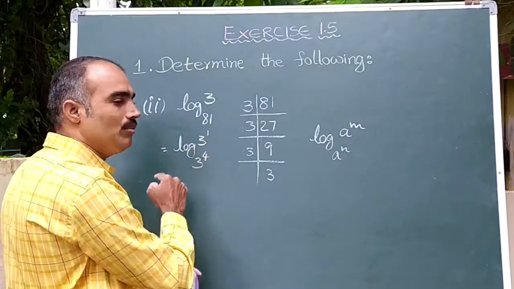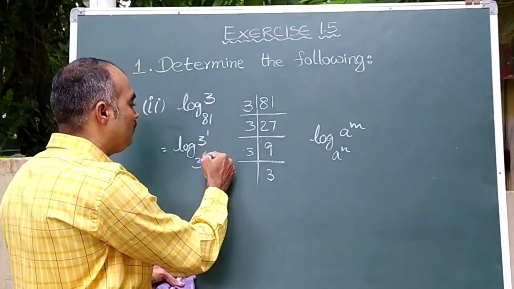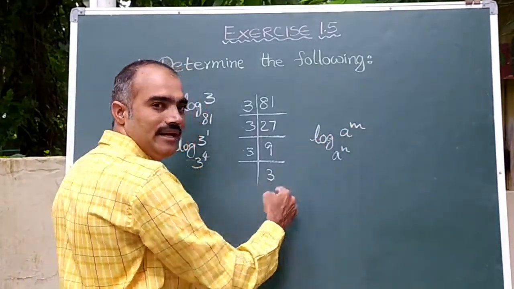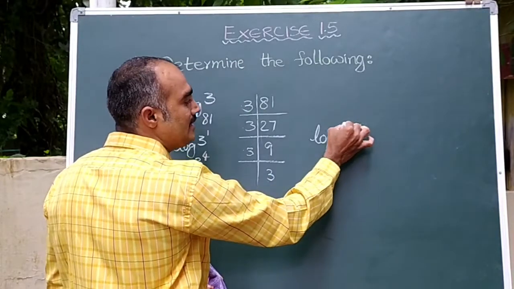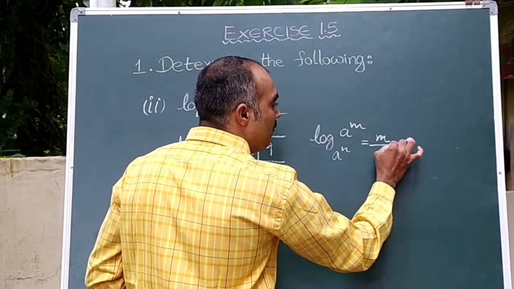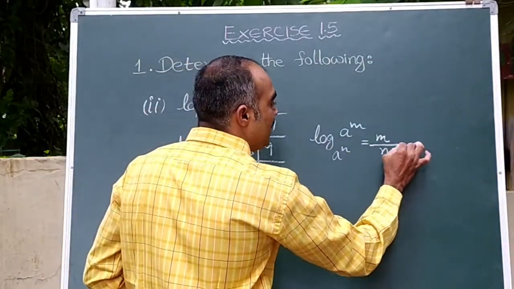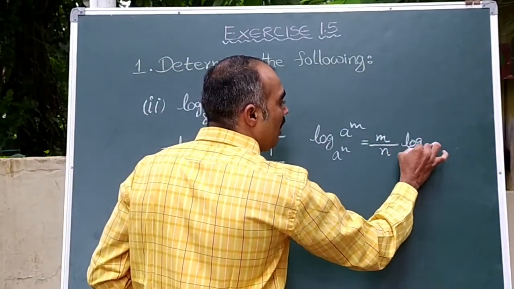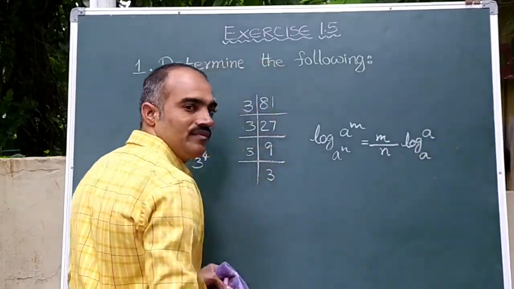Here 3 and 3 are equal, so I am taking the same alphabet, whereas 1 and 4 are different, so I have changed m and n. As I have told you already, imagine this as a cap, and that cap will come forward. This is also a cap, so this also comes forward. It is m by n. So log, here a is alone and here a is also alone, right.